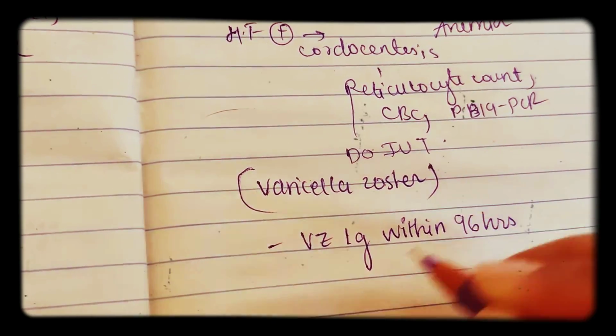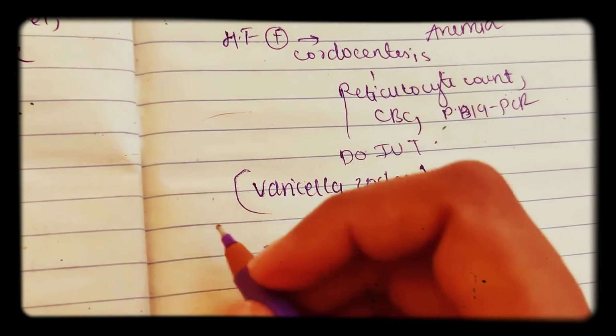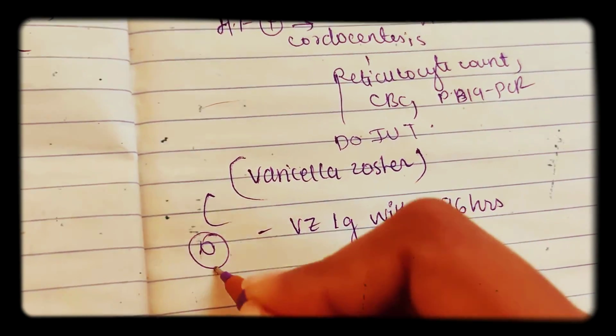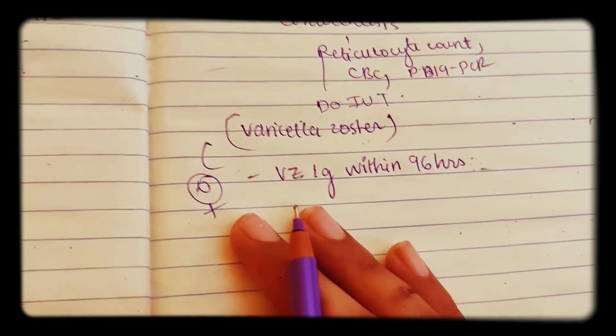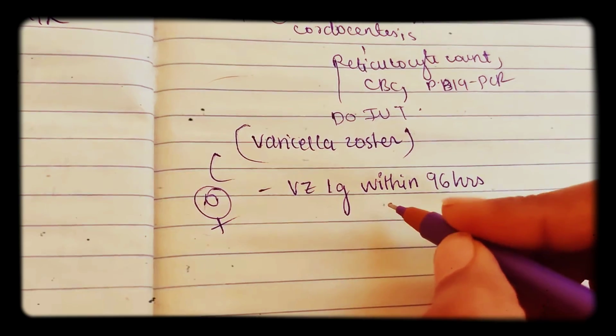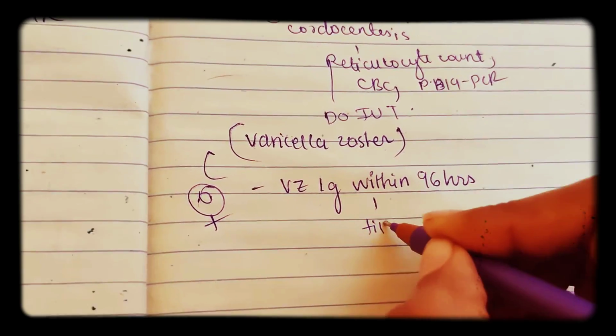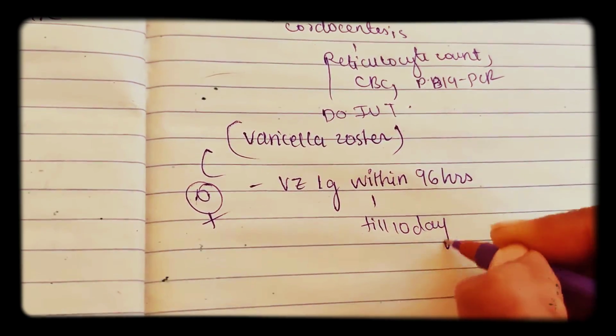So within 96 hours of exposure to varicella zoster in a pregnant female, we need to give varicella zoster immunoglobulin. And you can also give it till 10 days.